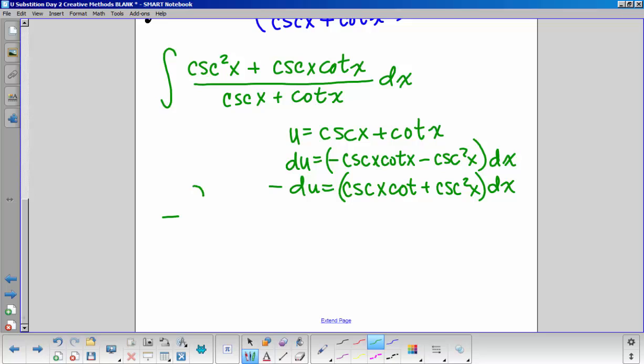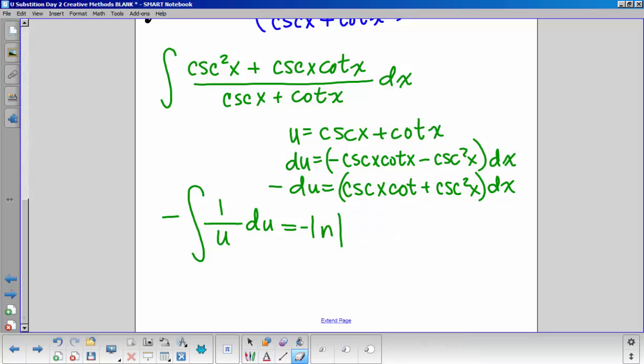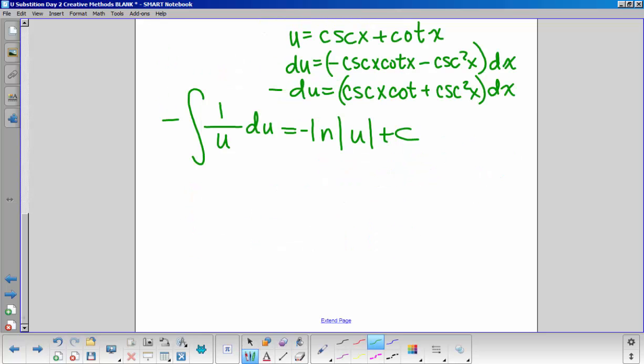And so negative on the outside, this turns into 1 over u du, except that it's negative. So the antiderivative is going to be, good, negative natural log of the absolute value of u plus c, and it turns out to be negative natural log of the absolute value of cosecant x plus cotangent x plus c.